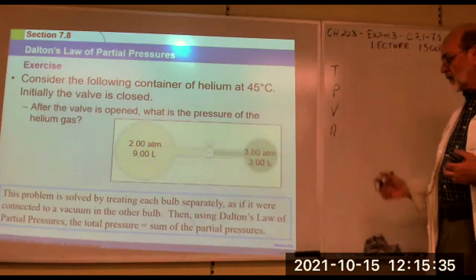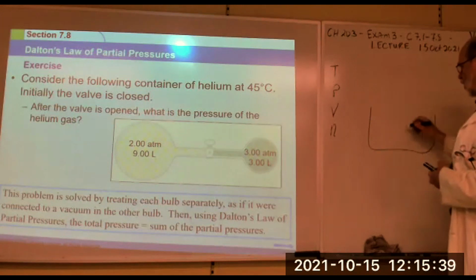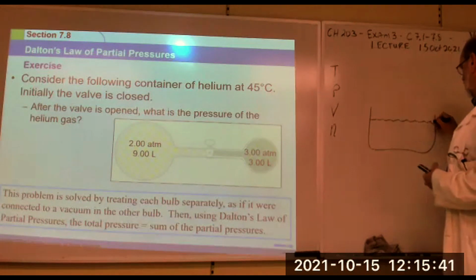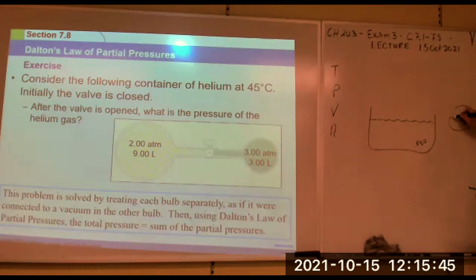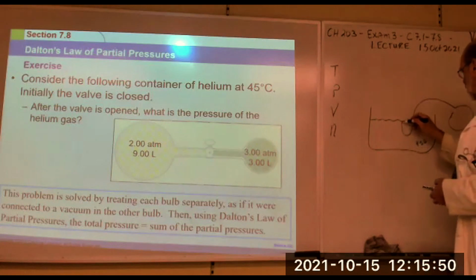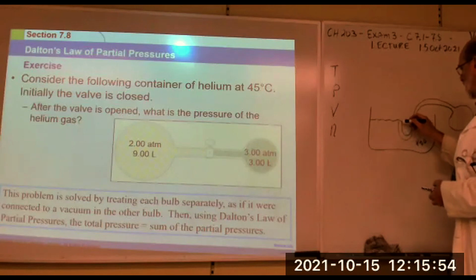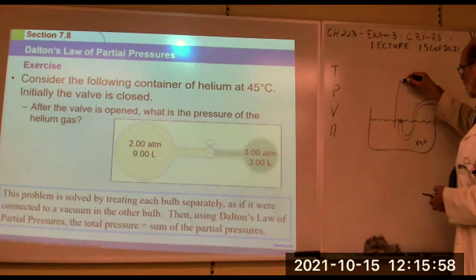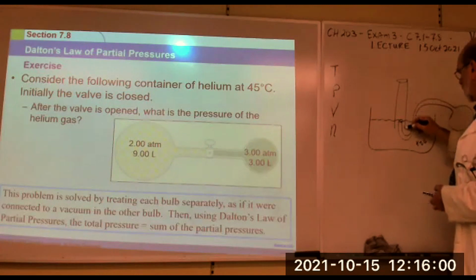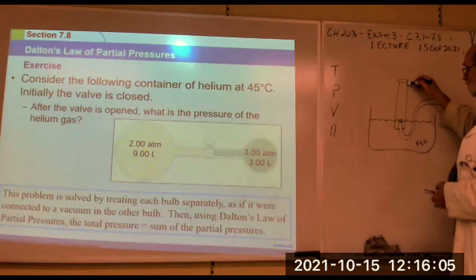And one way to do it is to use a pool of water, and our reaction vessel is over here, and we pipe that gas produced in here, and then we have a graduated cylinder here, like that, and it's full of water to the top.